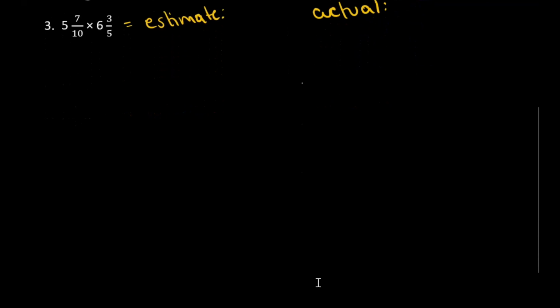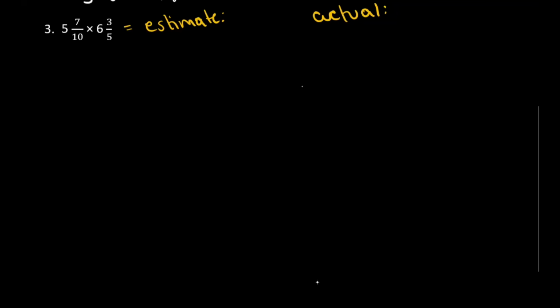Alright, so we have 5 7/10 times 6 3/5. So let's use benchmark fractions for this. So 5 and 7/10, we can turn that into 5 and 1/2, 5.5. The reason I changed the 10 part is because sometimes it's better to turn it into a benchmark fraction.